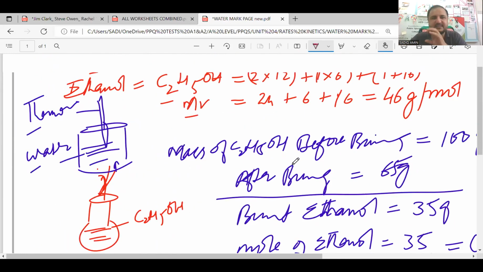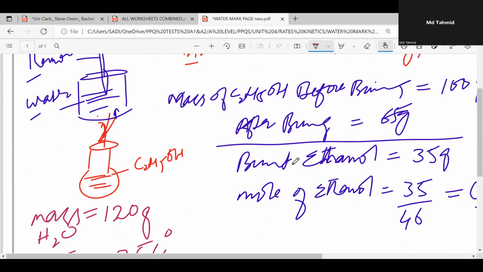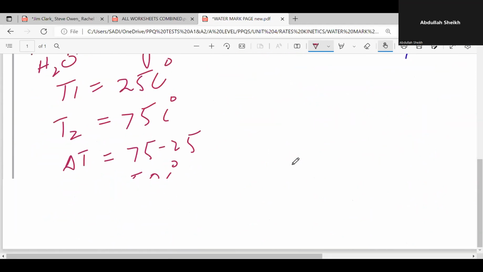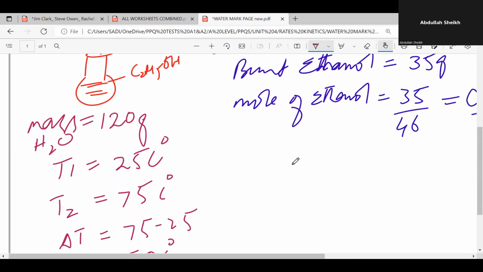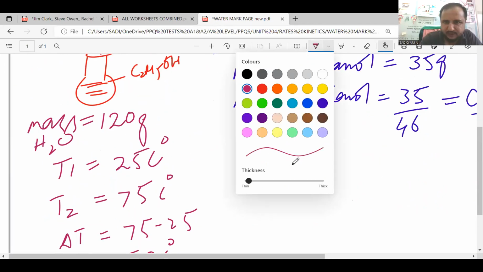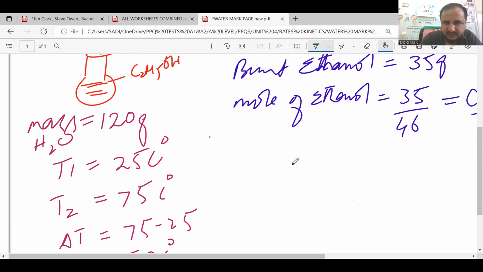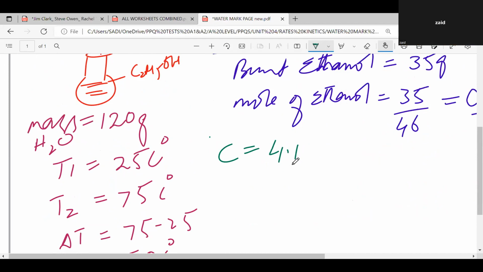Now, water has a specific heat capacity, which means 4.18, sir. 4.18. So the C value, I'm going to change the color for it now. C is how much? 4.18. 4.18 or 4.2. Absolutely right.